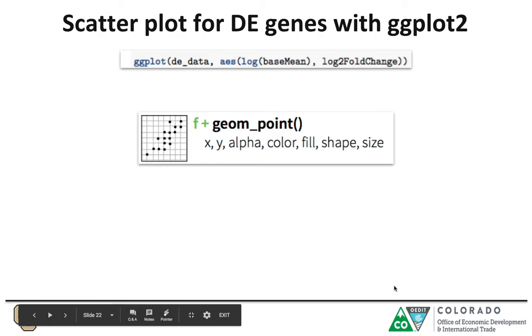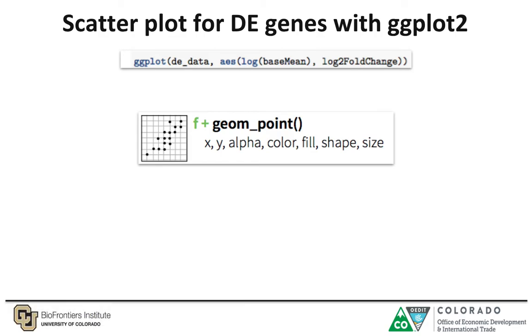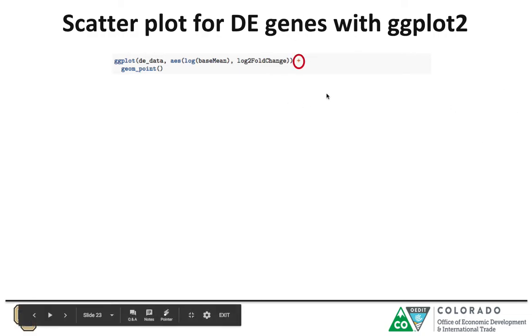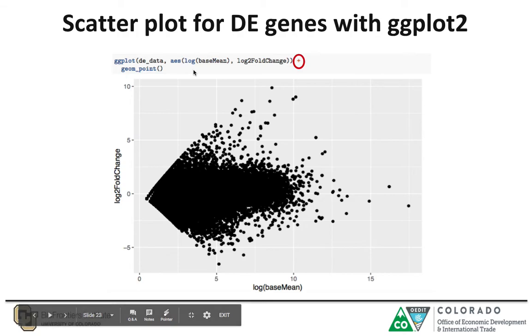In addition, we'll add a geom_point layer to specify that we want to plot a scatter plot, and we do so by adding plus geom_point. And we have our first scatter plot with our x-axis log base mean and y-axis log2 fold change.